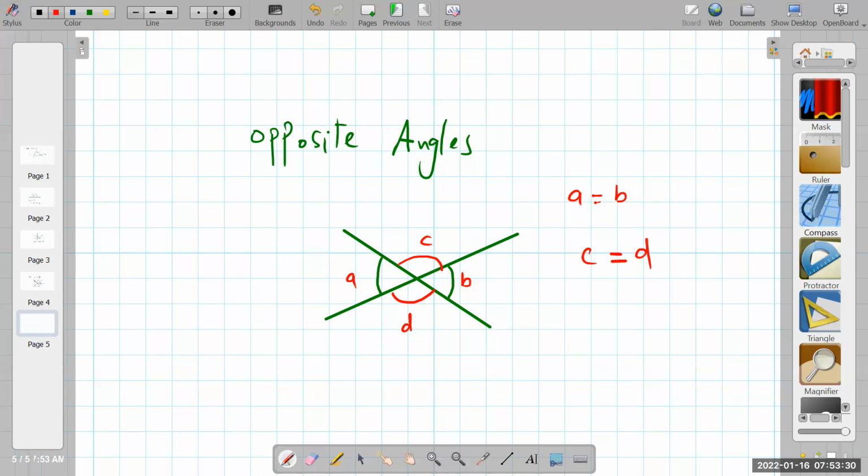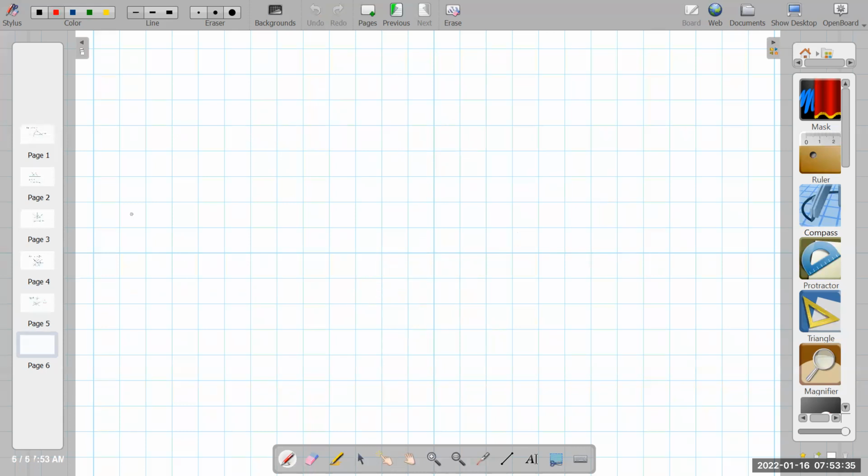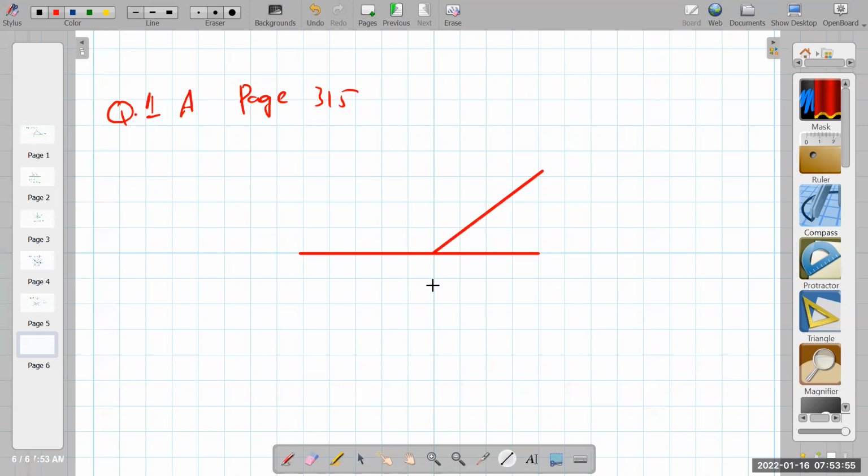Now, we will come to the exercise. Question 1A, page number 315. First of all, I'll draw the diagram. The diagram looks almost like this.